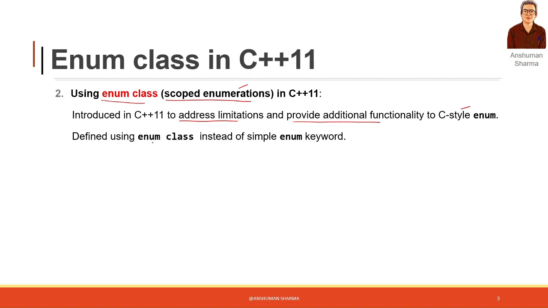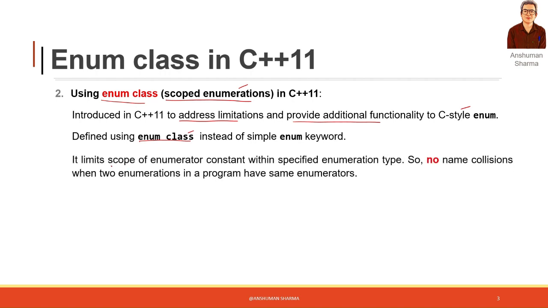Now instead of using enum, we use enum class for these enumerations. In C++11, scoped enumerations can be created with the help of the enum class keyword. It limits the scope of the enumerator constants within the specified enumeration type.